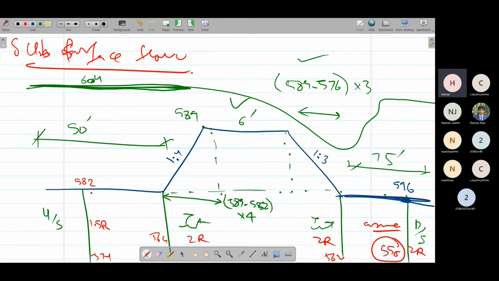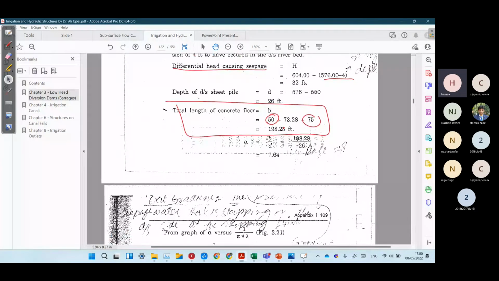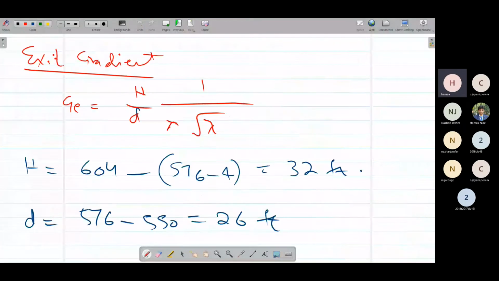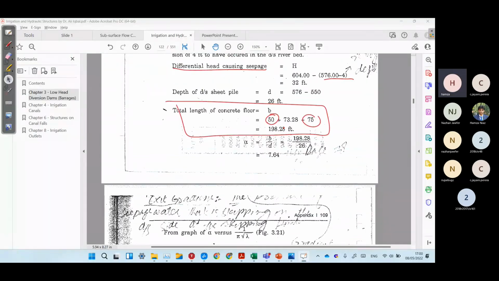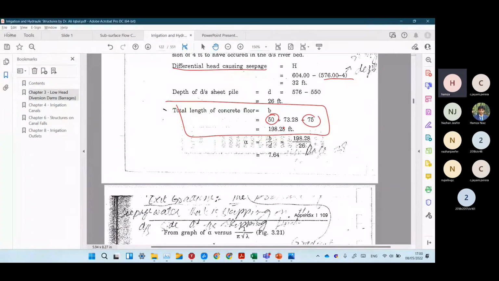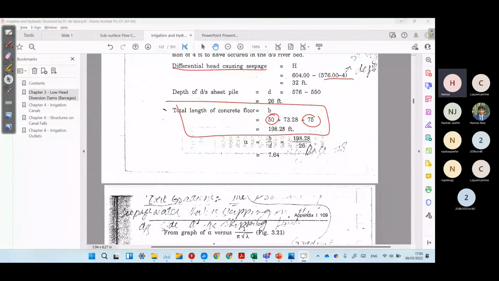Adding this portion plus this portion plus this portion, we get the total length of floor B. B is 50 plus 73 something plus 75, that is something like 198. Now alpha is equal to B over d. Simply dividing B over d, we get this alpha value, that is 7.64.